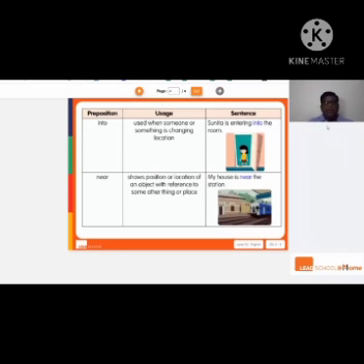Near. When do we use the preposition near? It shows the position or location of an object with respect to some other thing or place. Whenever we are talking about a noun with reference to some other object or place, we use the word near. For example, my house is near the station.